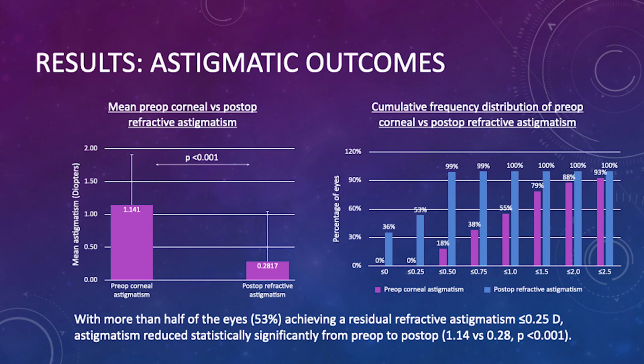Astigmatism reduction from preoperative to postoperative cylinder, from a mean 1.14 versus 0.28, was statistically significant. The range from pre to post was 93% at 2.5 down to 0% astigmatism postoperatively at 36%, and 100% at a diopter or less.